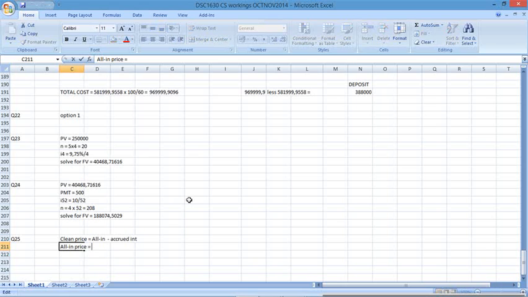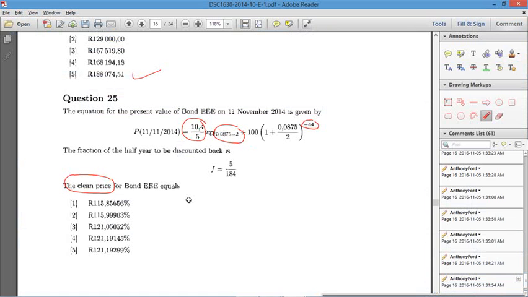Okay, so all-in price, if you do that calculation on your calculator, I get that. Alright, so that's the all-in price of the first bit.